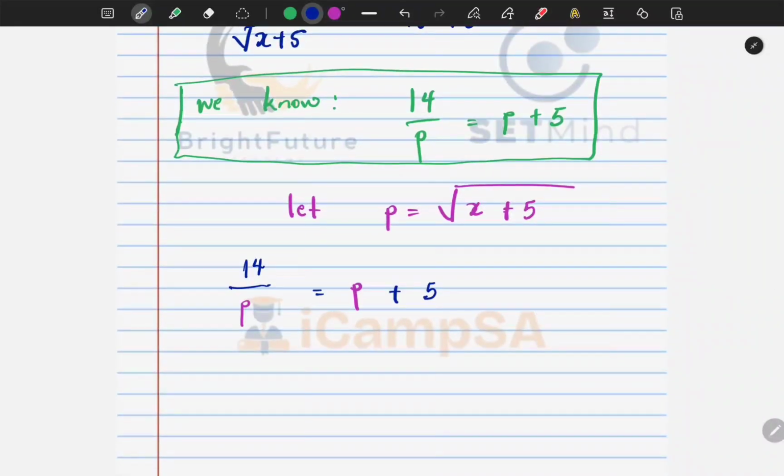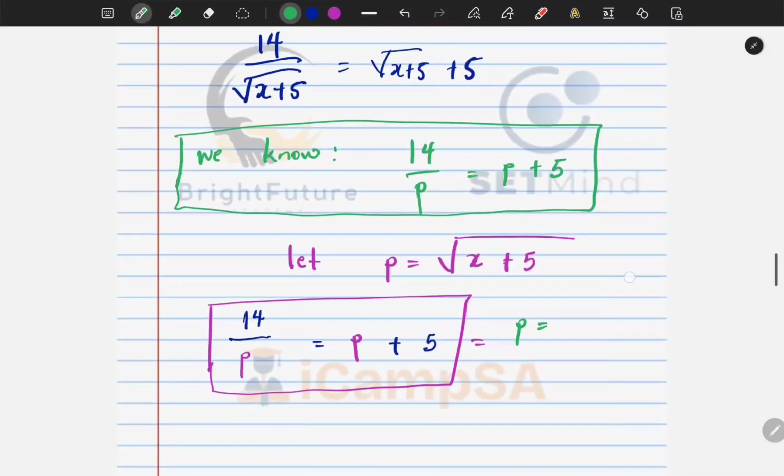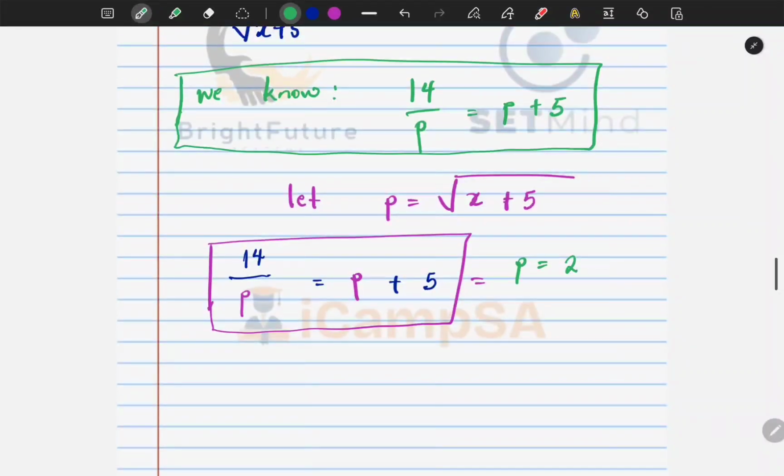When we were solving this, we found that p was equal to 2 or p was equal to negative 7.